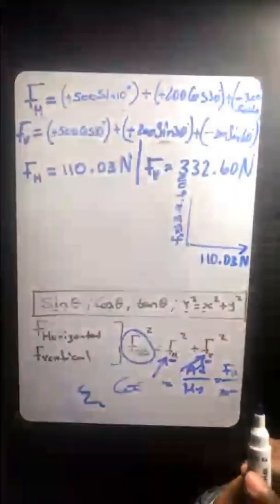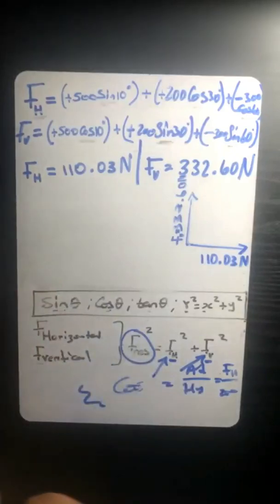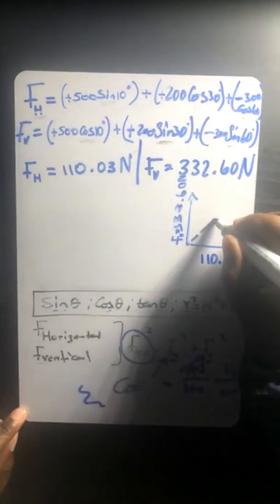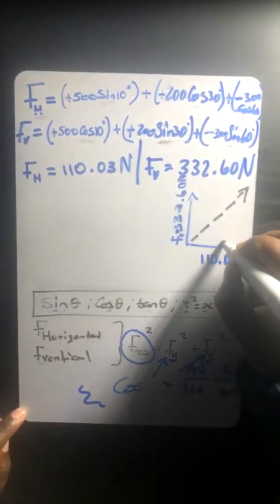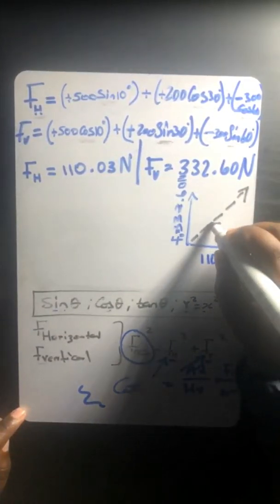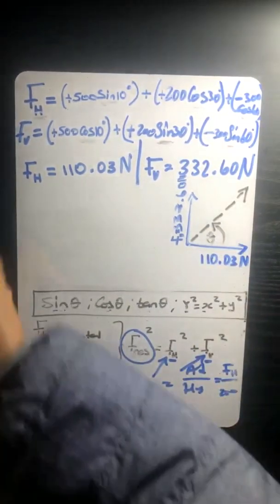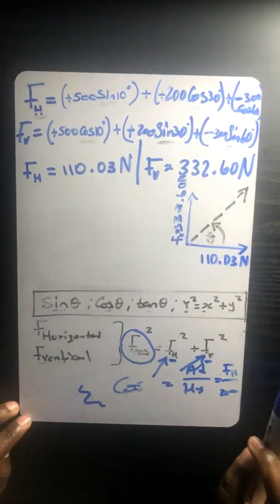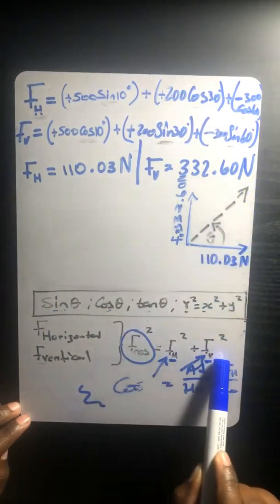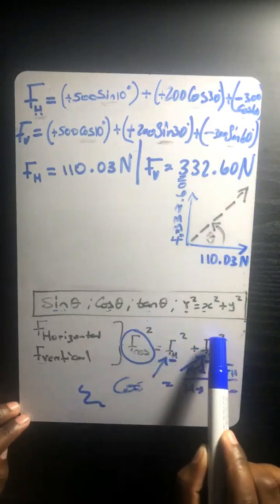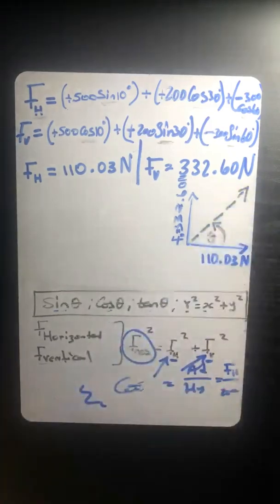So what we now need to calculate is the resultant force. What is the resultant force? The resultant force is going to be that force in that direction, and the direction is going to be determined by an angle, being that angle there. When you calculate the resultant force, that's where you use this formula, because you have the force horizontal and you have the force vertical, and you want the resultant.